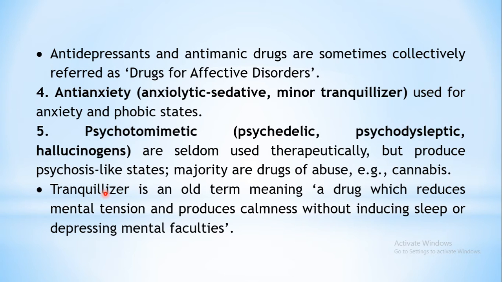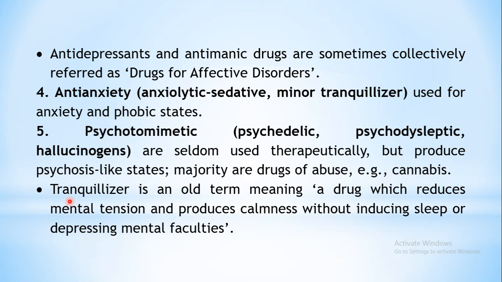Then these tranquilizers, we have seen the terms major tranquilizer and minor tranquilizer. A tranquilizer is a drug which reduces mental tension and produces calmness without inducing sleep. They do not depress the mental faculties, but they relieve the tension and produce calmness in that person.